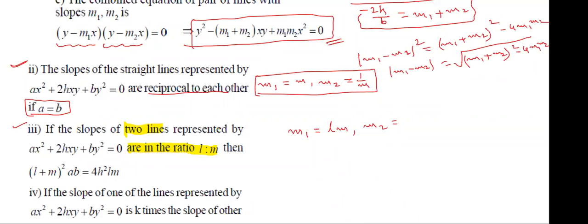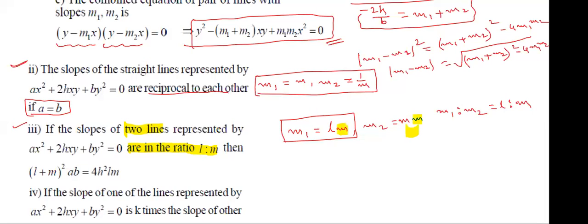Okay, slope m1, we can take another way. The slopes are in the ratio l is to m. In this case m1 is equal to lm, then m2 is equal to m. These m's are the slope only, these two are equal, but the red color and yellow mark, these two are not equal.